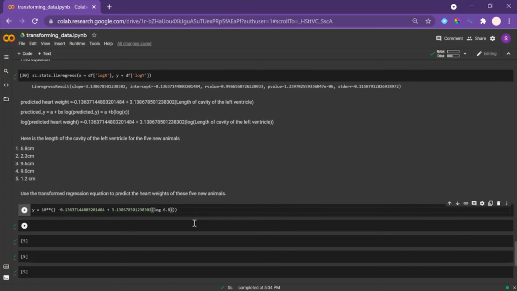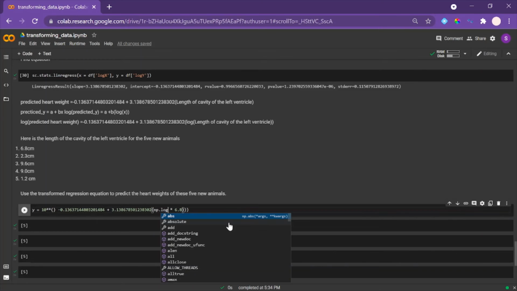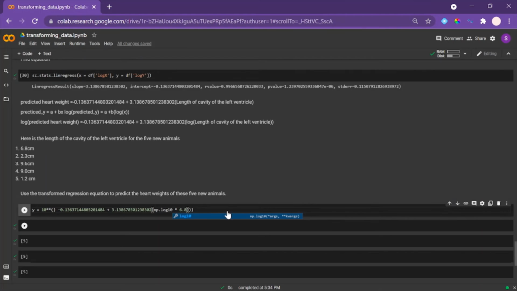We're actually using an asterisk. And also, the log function is actually from NumPy. So we're going to do NumPy.log, and we're going to make sure it says 10 because we want to get the base of 10, not the base of e. So we have 2 parentheses here. I think we have 1 extra parenthesis.